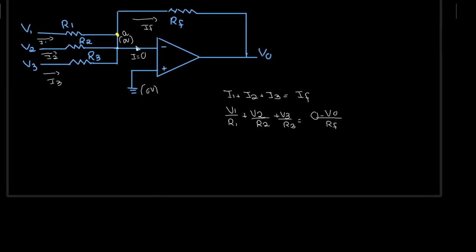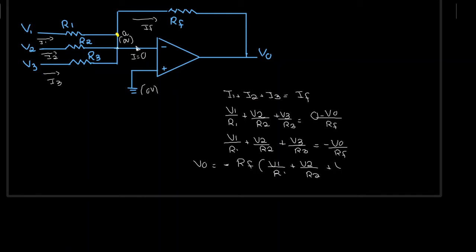Which means that I am going to have V1 by R1 plus V2 by R2 plus V3 by R3 equals minus V0 by RF, which means that V0 will be equal to minus RF into (V1 by R1 plus V2 by R2 plus V3 by R3).